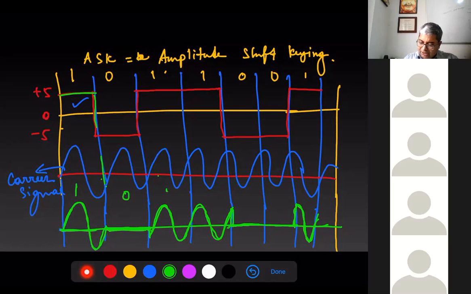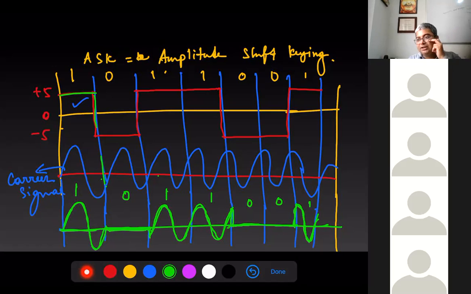This is an easy procedure, right? On the receiver side, I am taking the analog signal, but from that analog signal I can identify the digital bits. Is this clear? Crisp and clear?